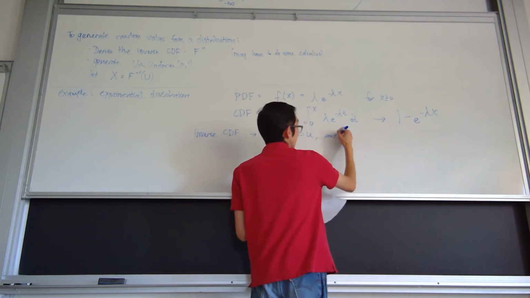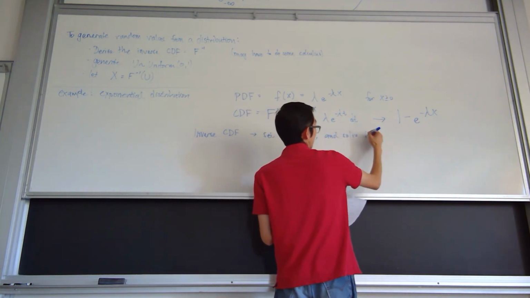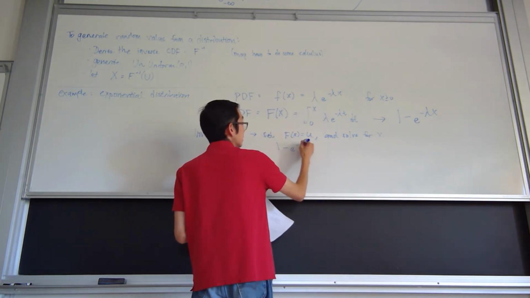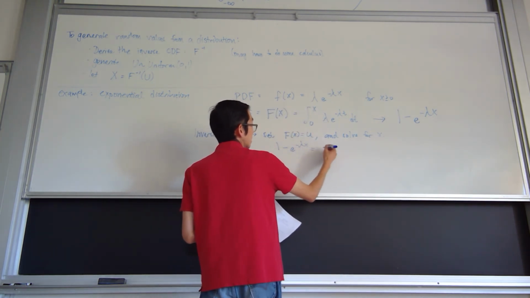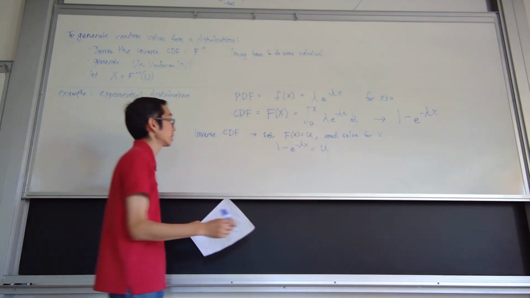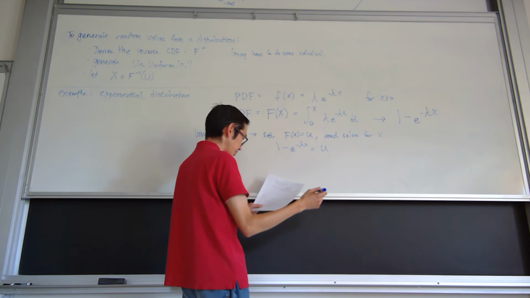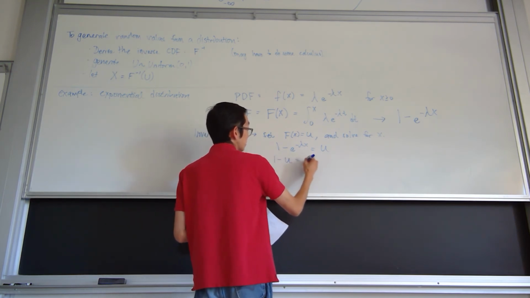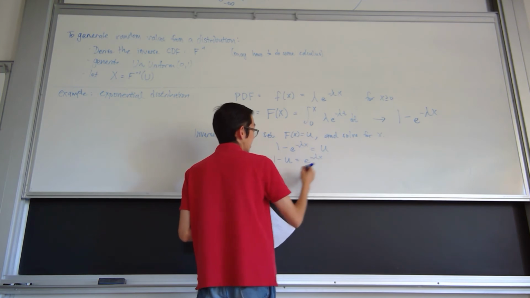So I'm going to do 1 minus e to the negative lambda x is equal to u, and then just doing some stuff, I get 1 minus u is equal to e to the negative lambda x.